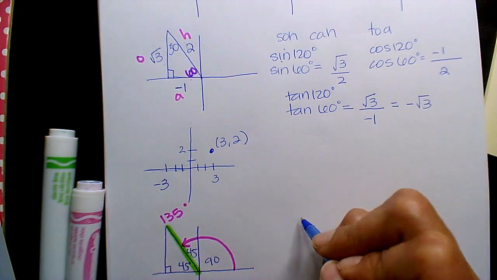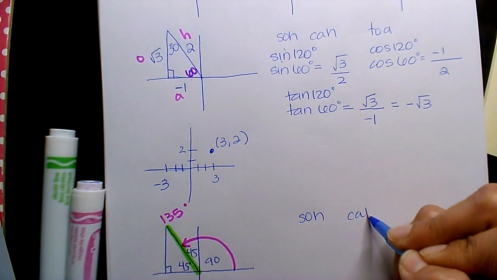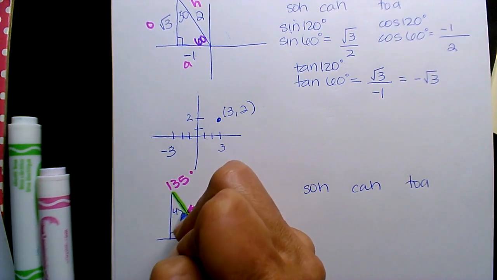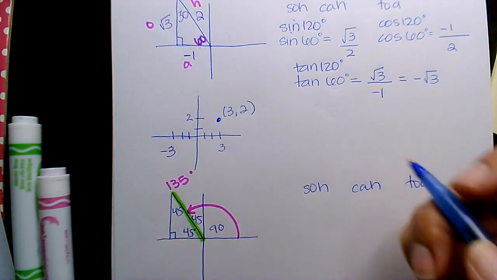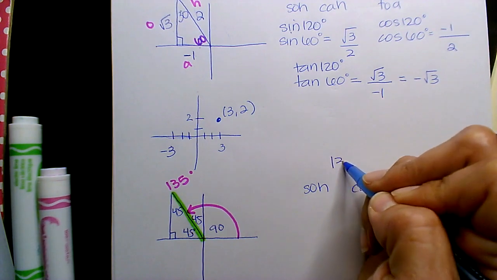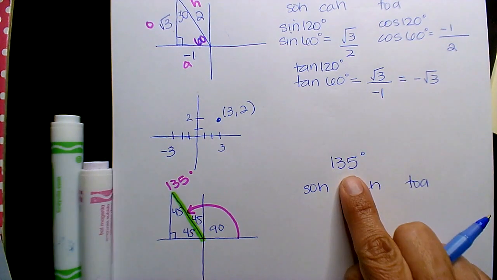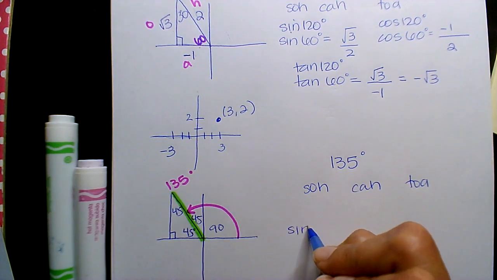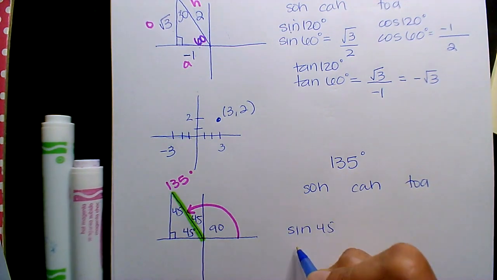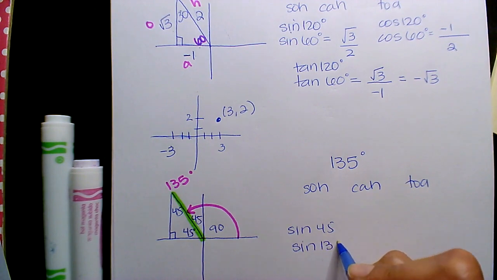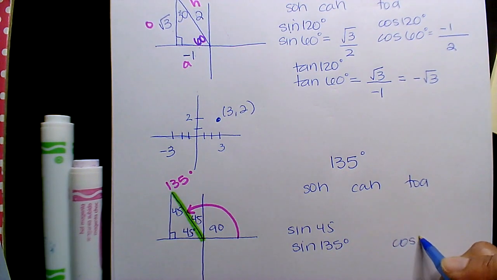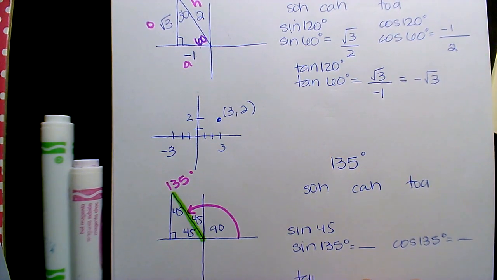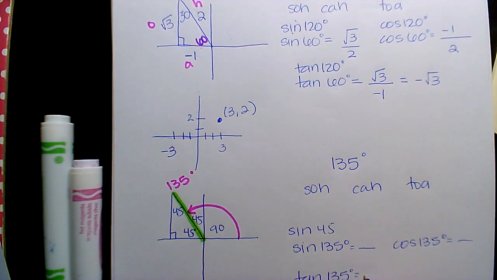So here, even though I'm going to take SOHCAHTOA, and even though I'm working off a 45, 45, 90-degree triangle, I'm really taking the trig of 135 degrees, right? So even though I'll write sine of 45, it is really sine of 135 degrees. It's really cosine of 135 degrees, and it's really tangent of 135 degrees.